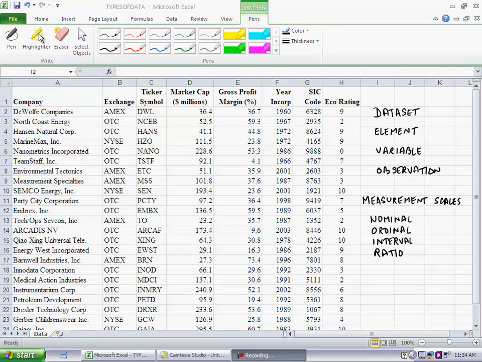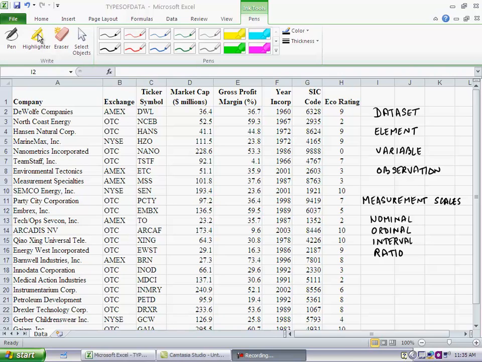Now, if you look at this spreadsheet, you can see that it contains data or measurements about various companies. In column A, you have a whole list of companies. And this is typical with data. When you're doing measurements, you perform measurements on certain individual items or objects. The objects that are subject to measurement are called elements.